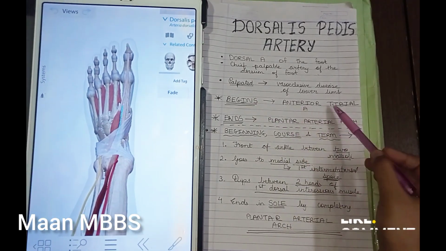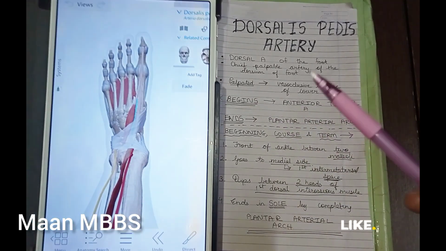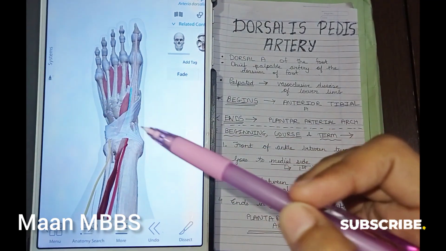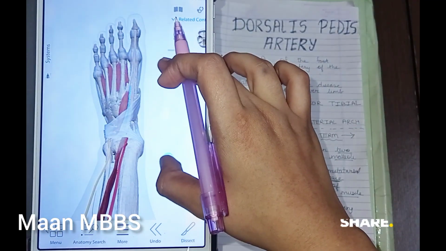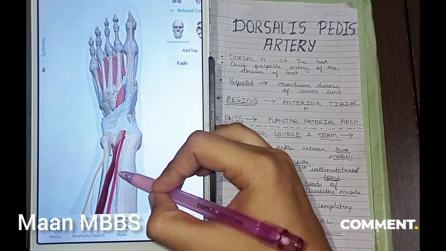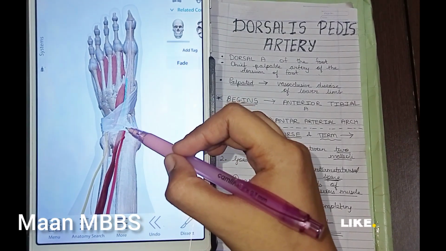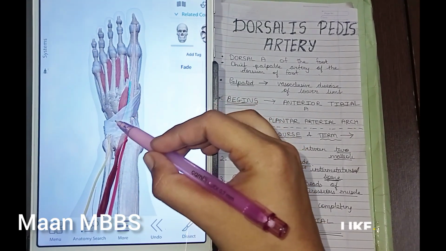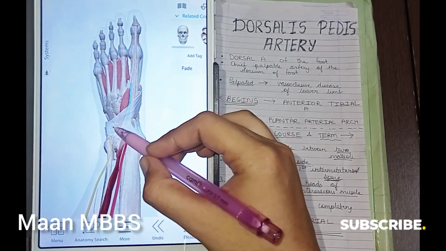It begins as a continuation of the anterior tibial artery, highlighted in blue in this diagram, and it is covered superiorly by the inferior extensor retinaculum.